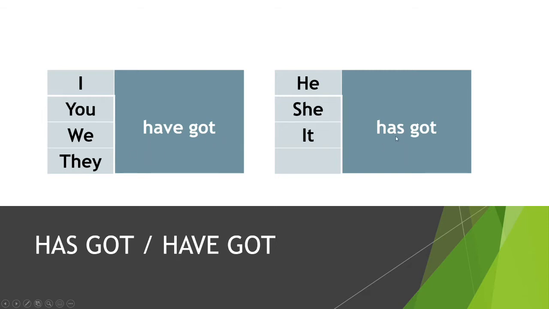And to use has got, we use with he has got, she has got, it has got. So this is singular and this is plural. Plural in terms of the pronouns over here. Okay, ada ramai and special case for I and you.